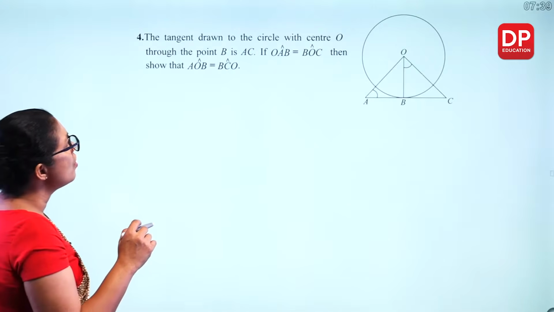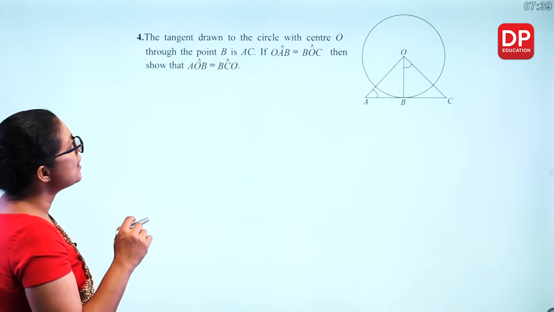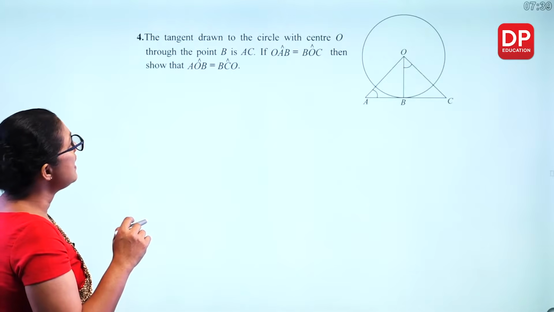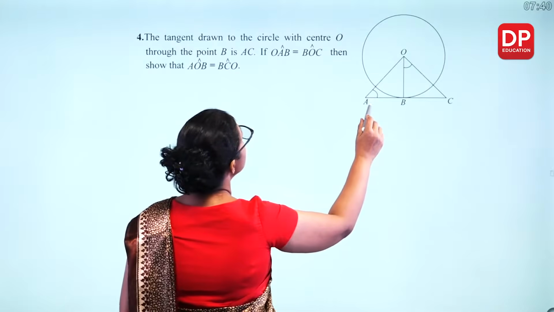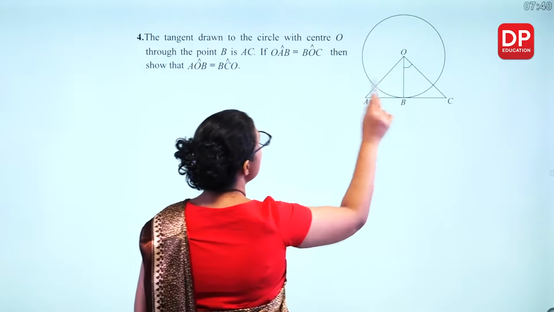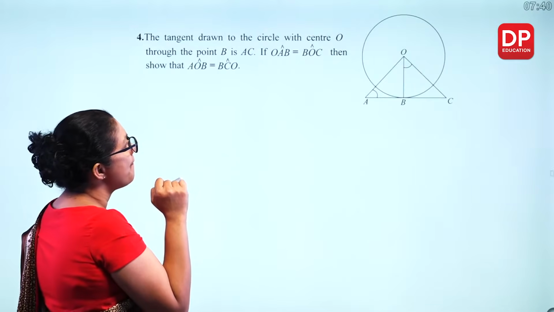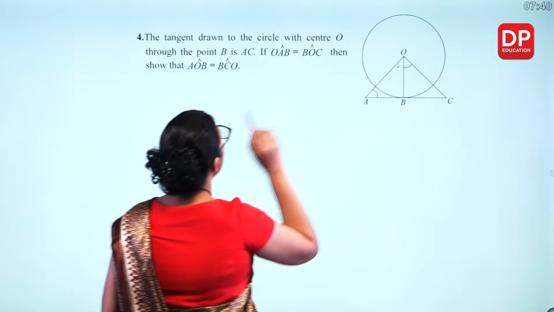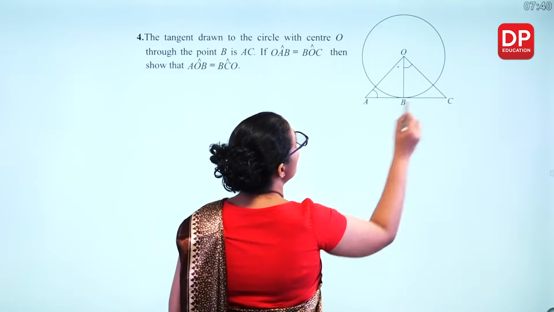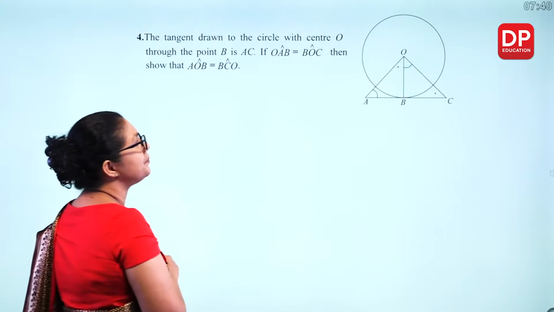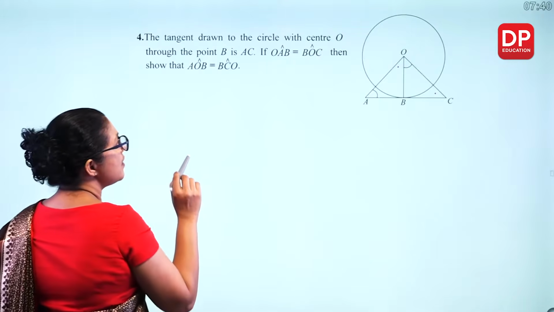Question number 4. The tangent drawn to the circle with center O through the point B is AC. If OAB is equal to BOC, then show that AOB, this one, AOB is equal to BCO, this angle. What's the first thing we can do?